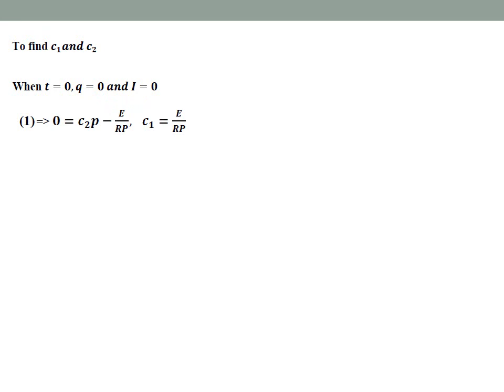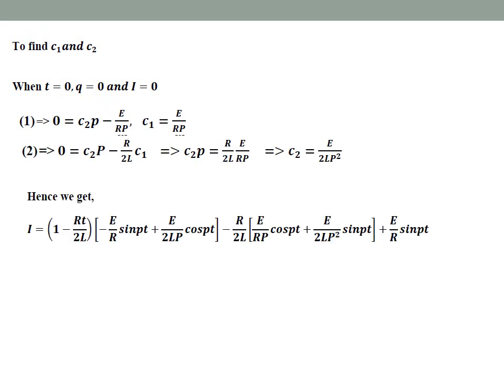So we'll get C1 is equal to E by Rp. Similarly, we'll get C2 is equal to E by Lp square. Then finally substitute it in I, we'll get this equation. On simplification, since r by L is very negligible, we get this final answer as t into E divided by 2L into sin pt.